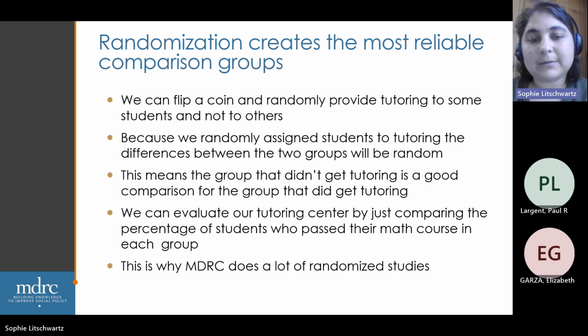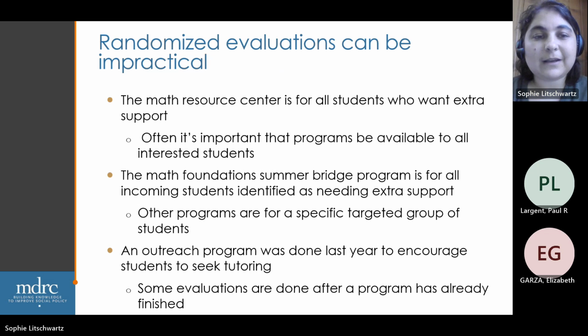And because we randomly assigned it, the differences between the two groups are just going to be random differences. There isn't going to be any systematic differences. And so we can evaluate our tutoring by comparing the outcomes for students who get tutoring to the ones who don't. And this is why MDRC does a lot of randomized studies.